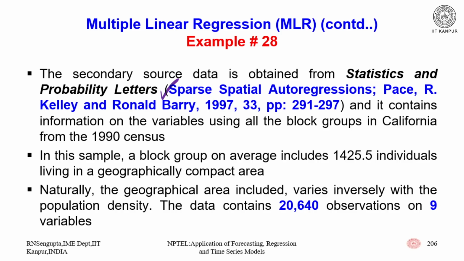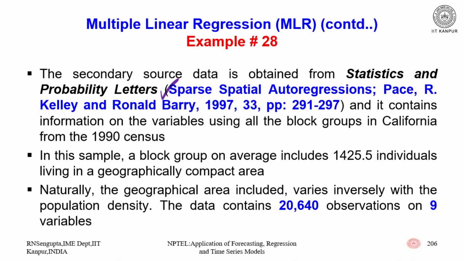Naturally, the geographical area included varies inversely with the population density. The higher the population is, the smaller the geographical area included. And in totality, it is quite a big data set, 20,640 observations on 9 variables.